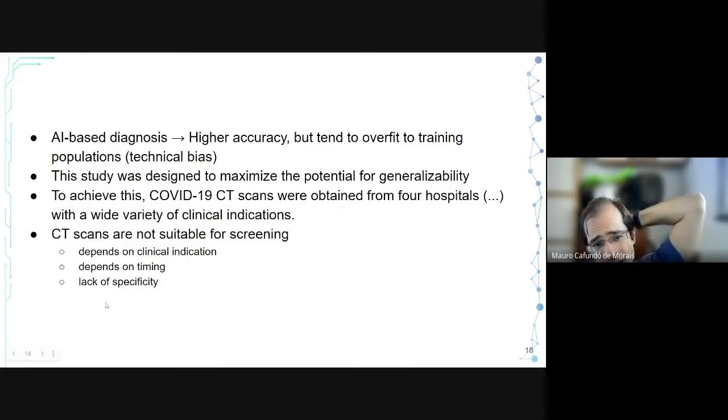This also causes a lack of specificity, because how can you assure that it's not pneumonia, community-acquired pneumonia, or any other chronic lung disease? So that's one of the problems with CT scans.